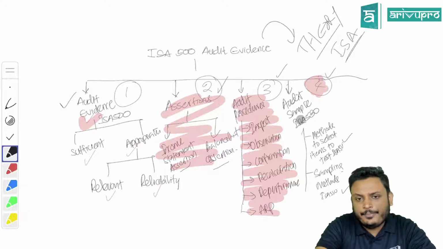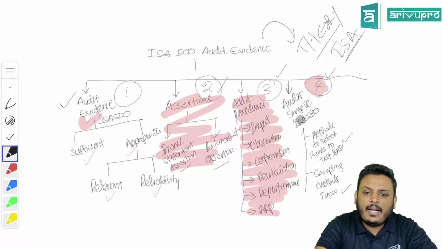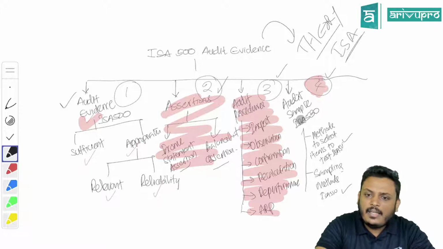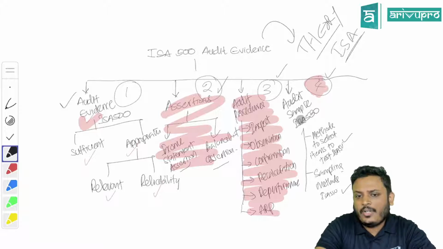Directly means the examiner might ask direct questions: what is sufficiency? What are the factors that influence sufficiency? A direct question is possible. But the examiner can also give a scenario and test standards related to that scenario.